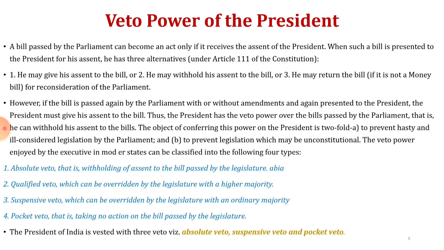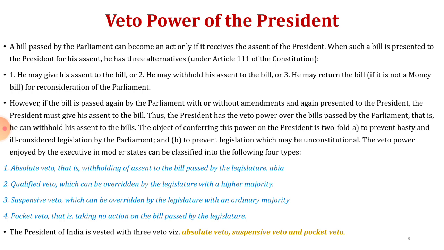First is absolute veto, that is withholding of assent to a bill passed by the legislature. Second is qualified veto, which can be overridden by the legislature with a higher majority. Third is suspensive veto, which can be overridden by the legislature with an ordinary majority. And the pocket veto, that is taking no action on the bill passed by the legislature.